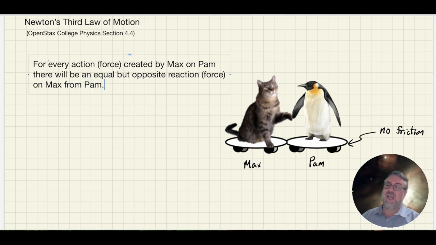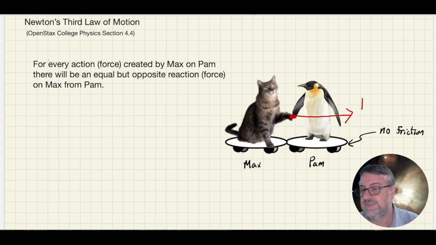So the basic idea of Newton's third law is you cannot create a force without experiencing the same force applied to yourself as well. So let's take a look at what that means. If I consider the point of contact between them right here, Max is going to push Pam in this direction. We are going to call that force the force of Max on Pam.